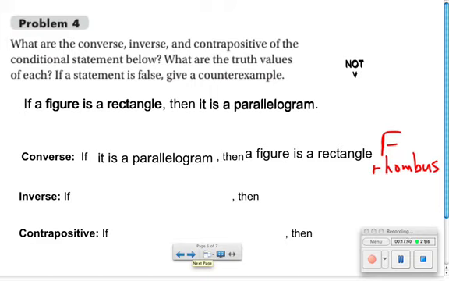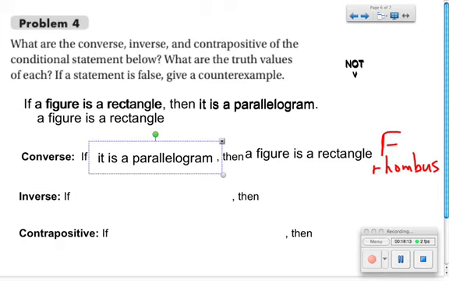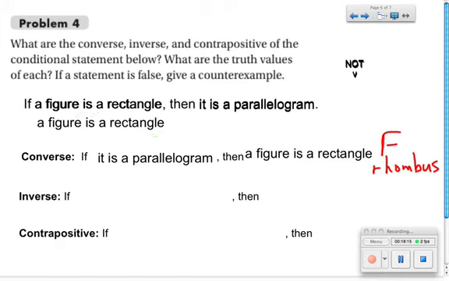Can I get a different volunteer to please come up and click and drag in order to write the inverse of the statement? If you need to bring your notes up with you, because the formulas are there. Lena, go ahead. You gotta drag it like you mean it.